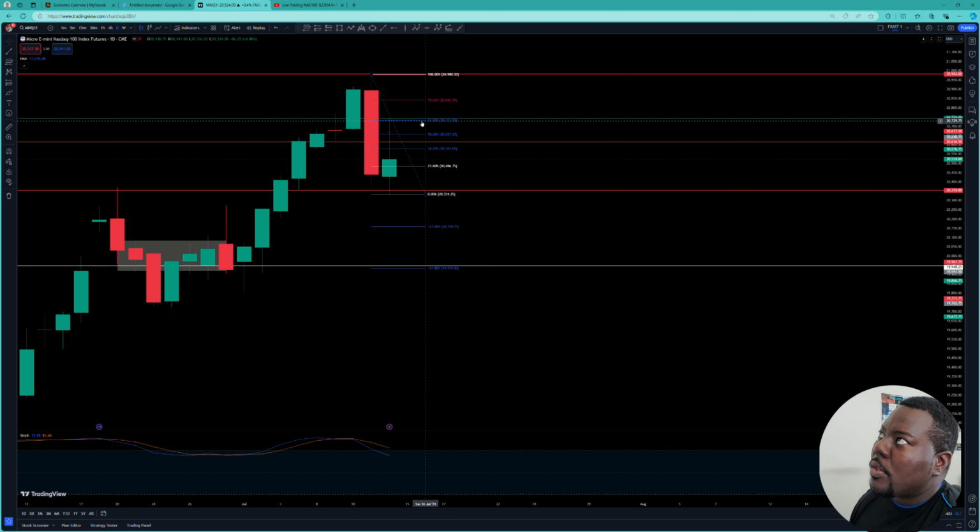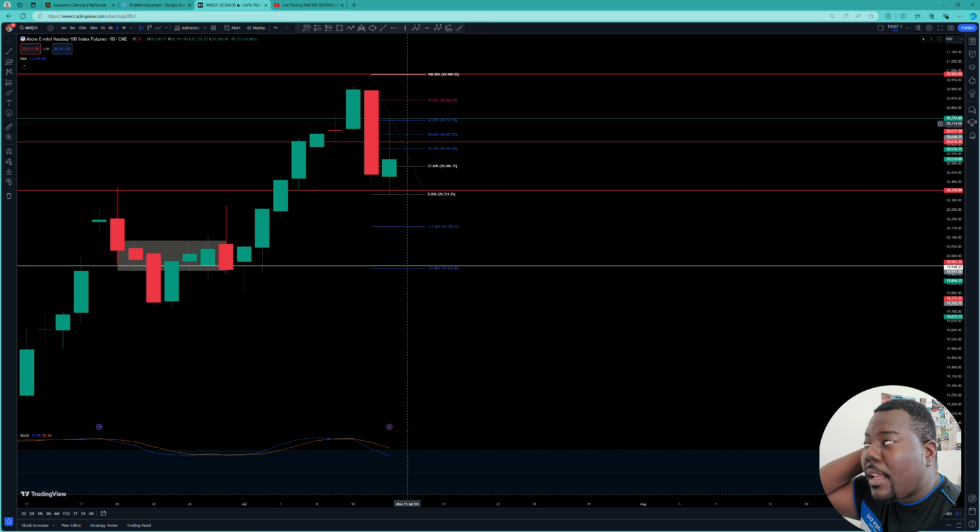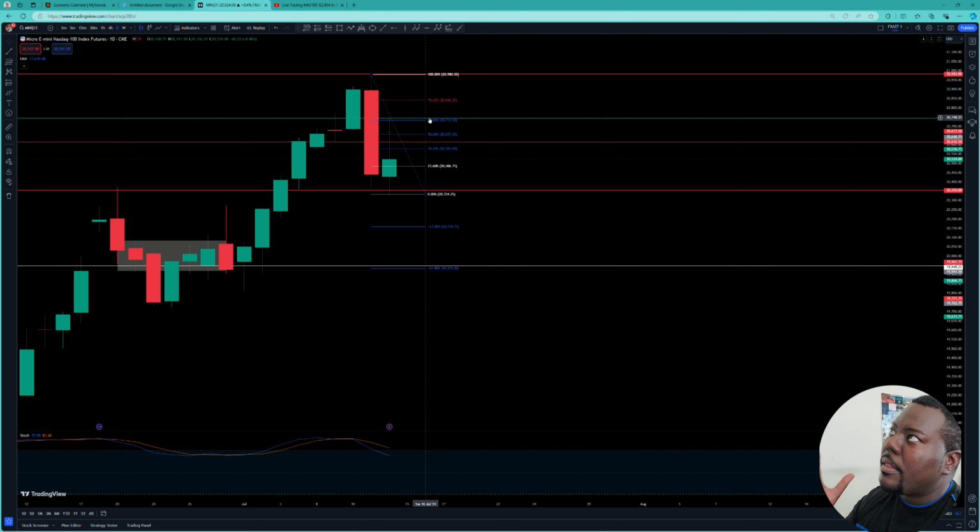The way I was taught and the way I have my fib drawn up is color coordinated, and whenever I see a rejection on the 38, the 50, or the 61.8, we're looking to ride this thing possibly down to the negative 27 or back down to this support zone at the negative 61.8.